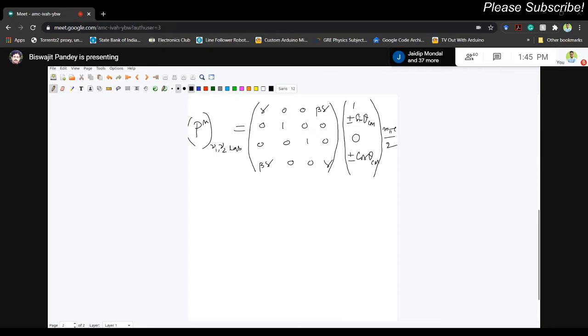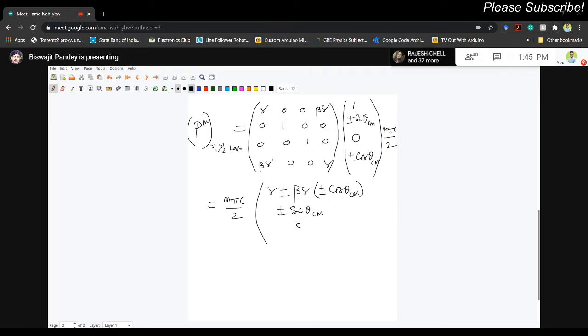Now if you just simplify this, you can get m pi c by 2 times: multiply this gamma into this, 0, 0, beta gamma, so gamma plus minus beta gamma, inside the bracket plus minus cos of theta cm. Then only one term will be there, plus minus sine of theta cm.